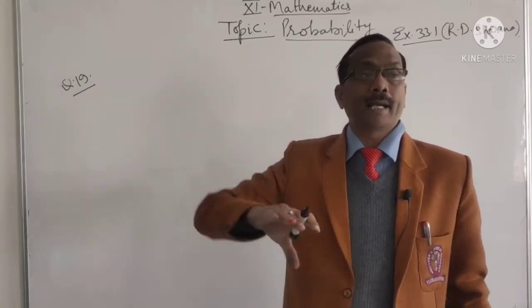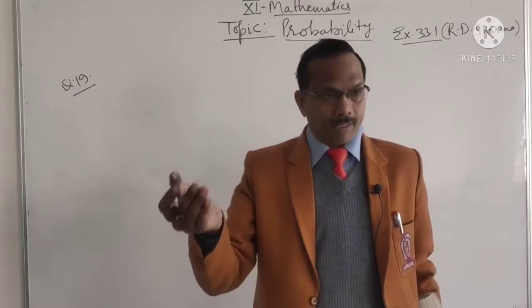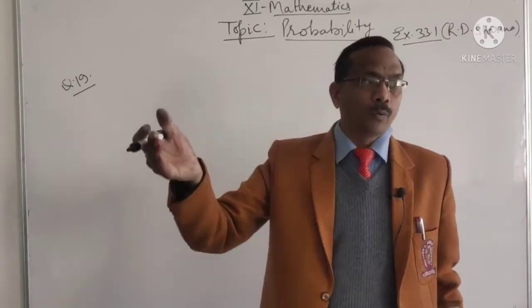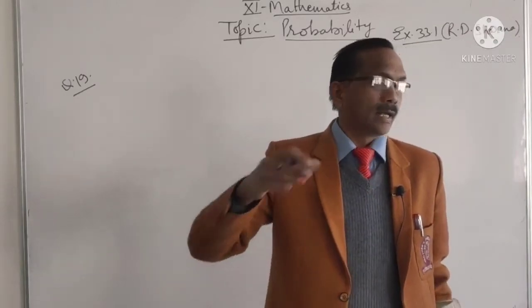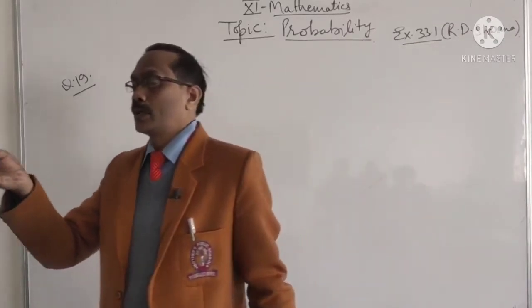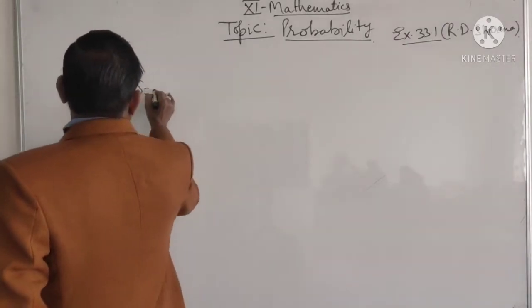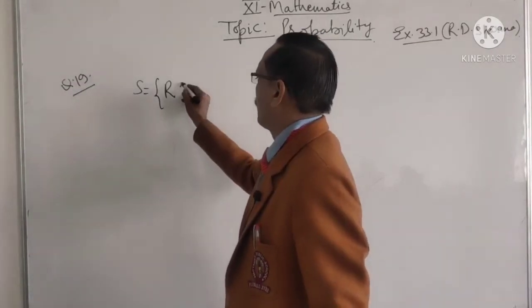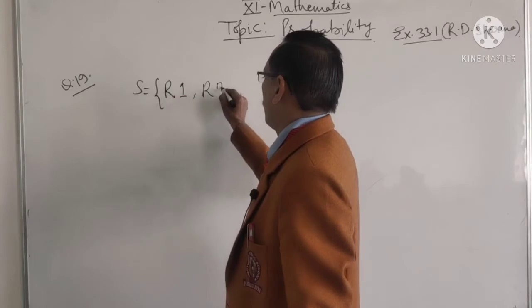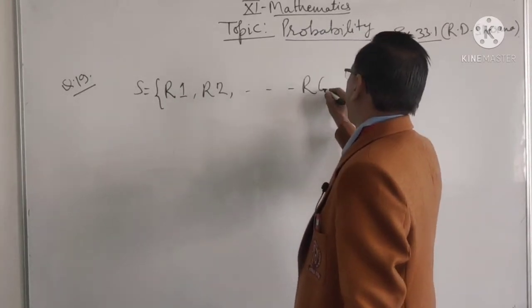So student, there are 18 cases. Suppose a red die, then number 1, red die number 2. At the topmost face, there may be any number 1 to 6. And here we are noticing the color and the number at the topmost face. So make the sample space. There is a red die, then number 1, R2, red die number 2, and so on, and R6.